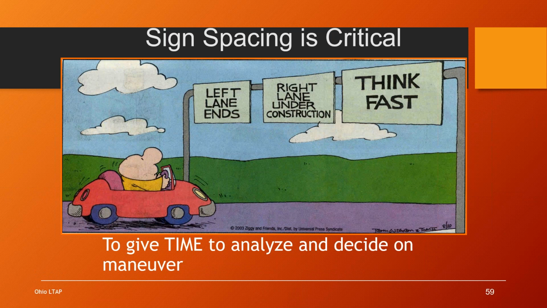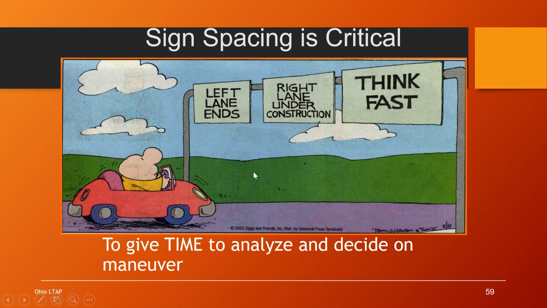Another thing about our advanced warning signs is that we have to space them in a particular way. Sign spacing is critical. We don't want to create a situation like our buddy Ziggy is facing here in this picture. He sees all 3 signs in one spot: left lane ends, right lane under construction, think fast. So obviously there's a better way to sign that.